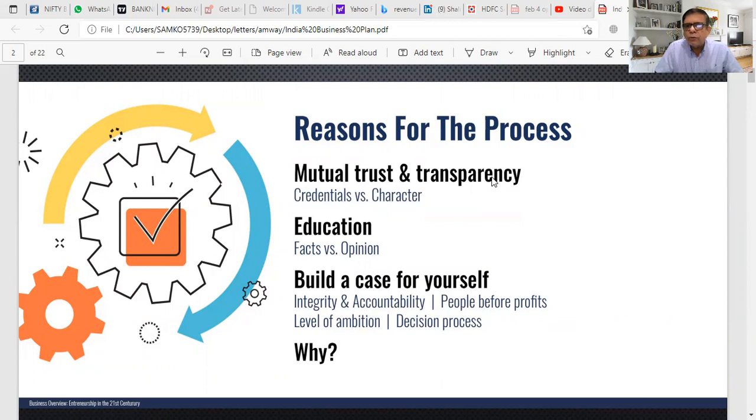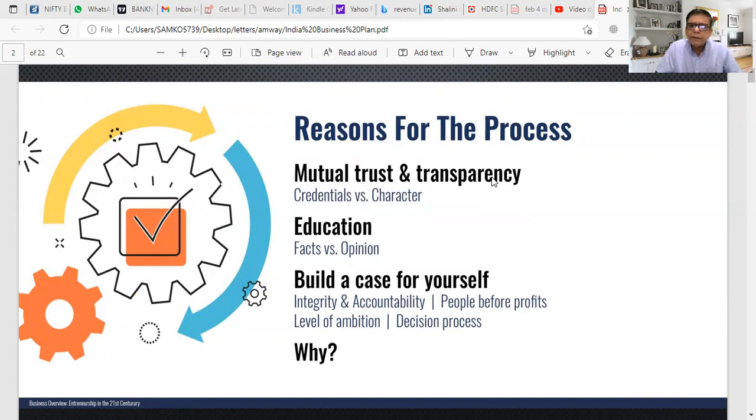Thirdly, we want to know what you bring to the table because we will invest a lot of our time and energy in the people we select. So are you ambitious on a scale of 1 to 10? What would be your score? Are you the sort of person who is working to help people rather than just profits?